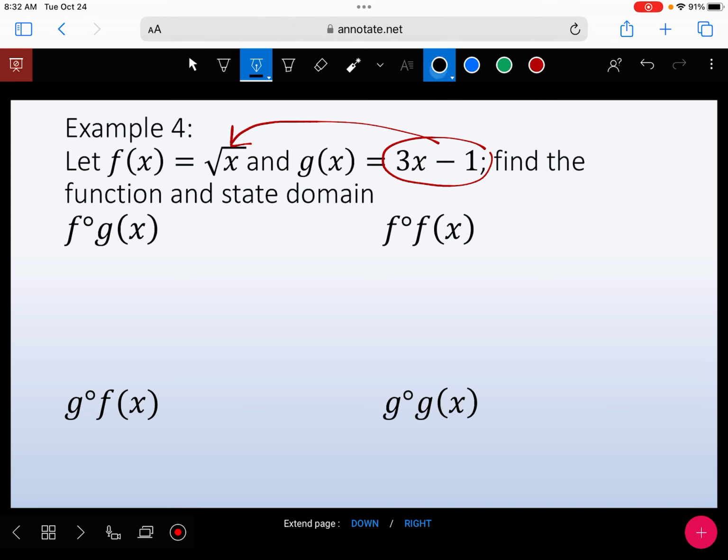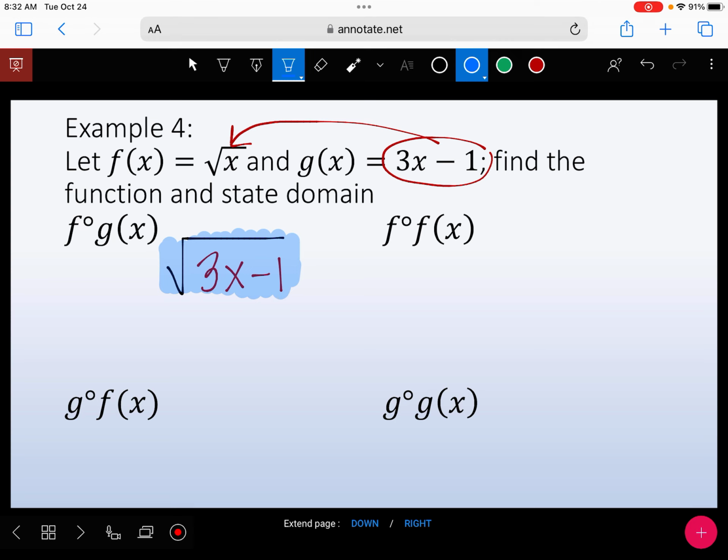My f function says take the square root of something. And what am I taking the square root of? I'm taking the square root of g, which is 3x minus 1. So this is my function, but we can't leave it this way. I mean, that's my function, I'm done. But we have a red light.